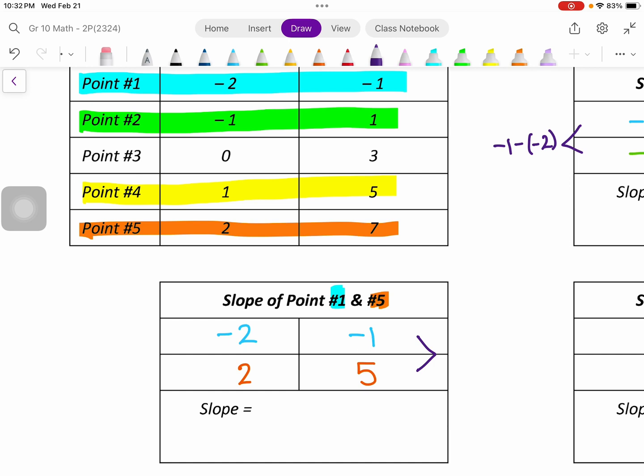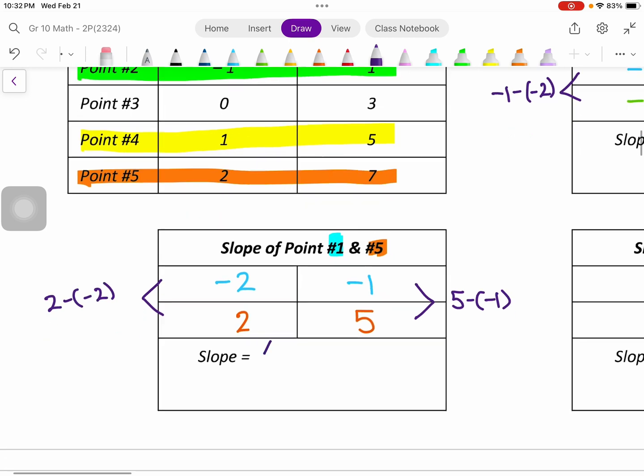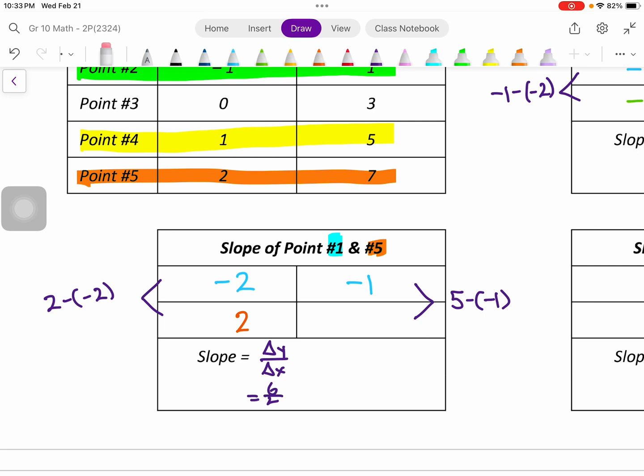So over here, my delta y, I have 5 subtract negative 1, and my delta x, I have 2 subtract negative 2. So my slope is delta y over delta x. Delta y, 5 plus 1 is equal to 6, and 2 plus 2 is, oh, what did I do here? I made a mistake. Yes, I did. This is 7, not 5.